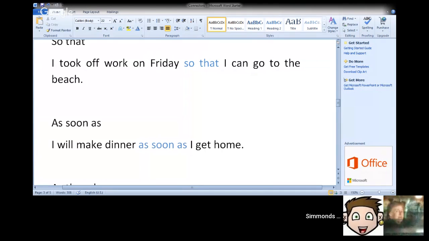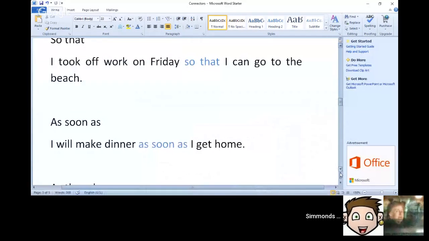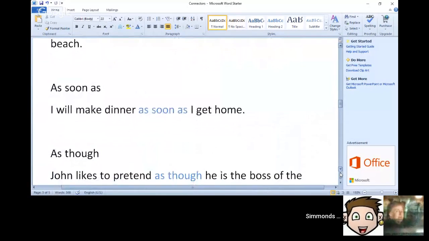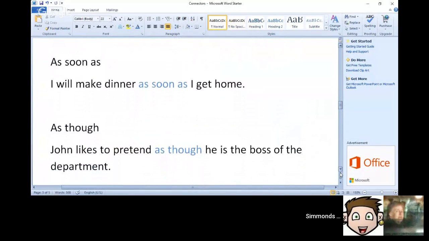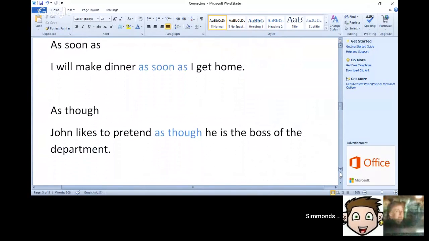As soon as, we can say right when, for example, right when I get home, or just in the moment, immediately when I arrive. Yeah, exactly. So again, there are many different ways to say the same idea, the same concept. So good. And now we have as though, and this one's a little bit more complicated.